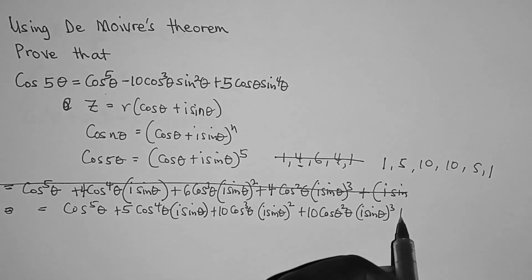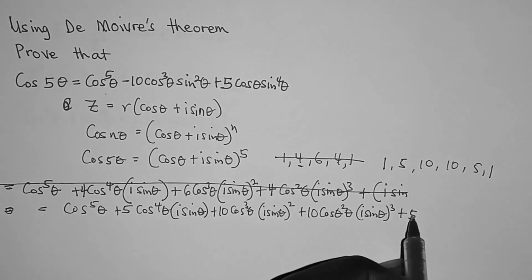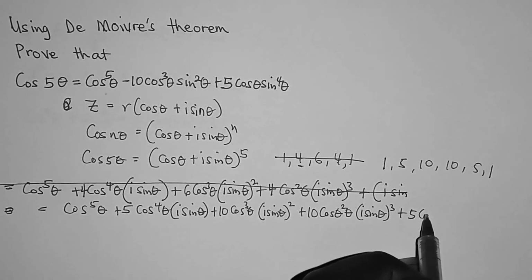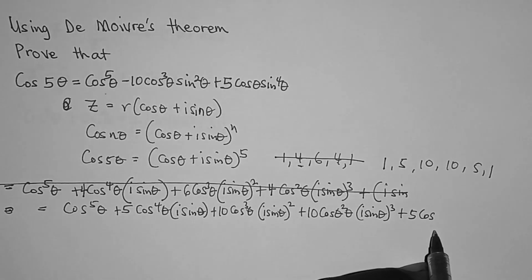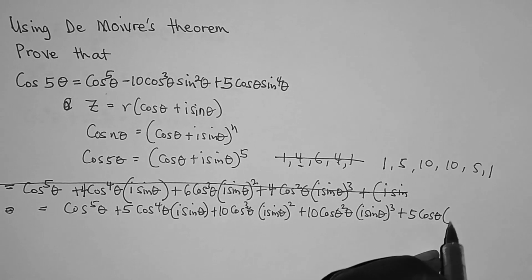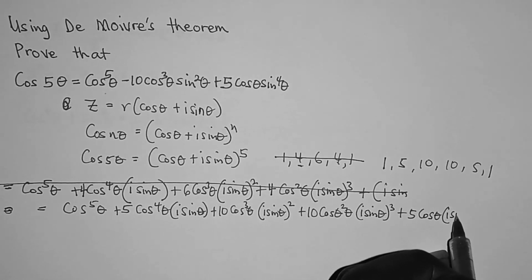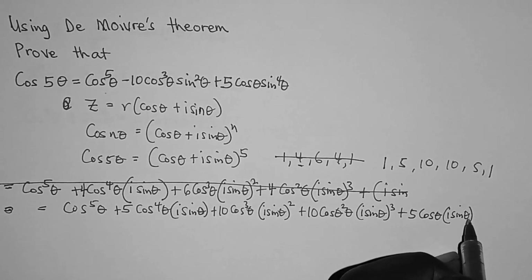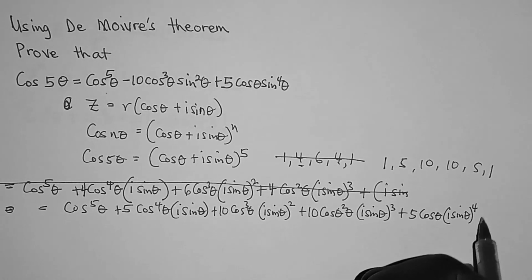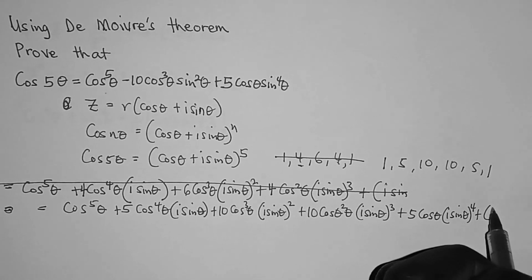And the next coefficient is 5, plus 5 cos theta times (i sine theta) exponent 4, then plus the last one, which is (i sine theta) exponent 5.